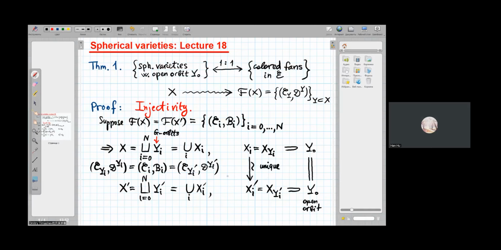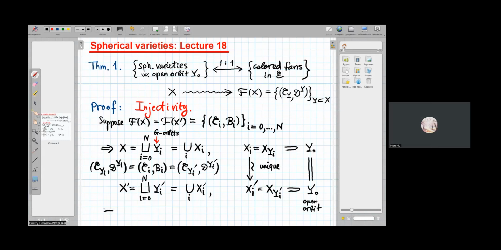We get an open cover of X with these Xi's and an open cover of X prime with Xi primes, such that the identity map on the open orbit extends to isomorphisms between these subvarieties giving these open covers. And since this holds for each i, all these isomorphisms glue together to an isomorphism from X to X prime.